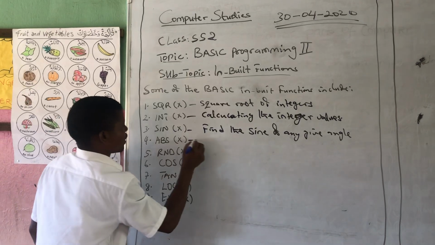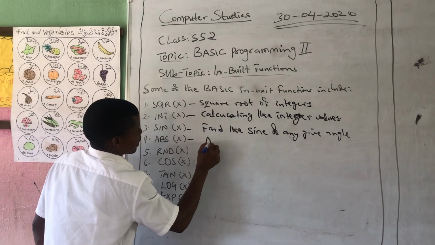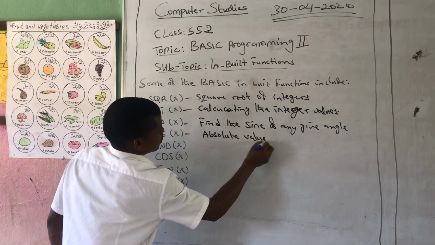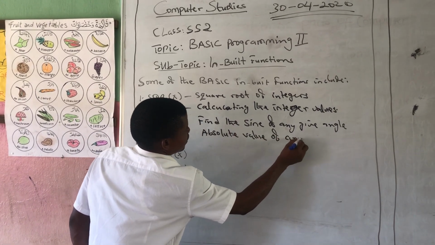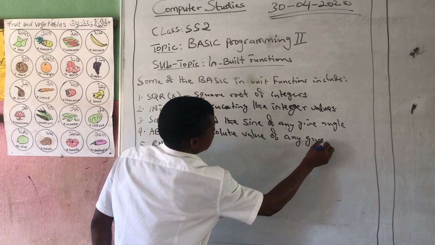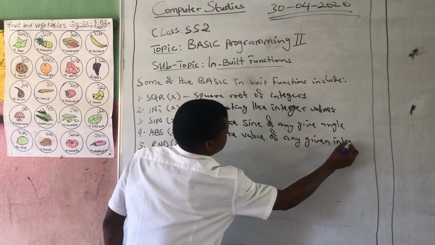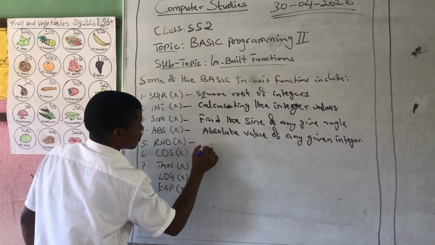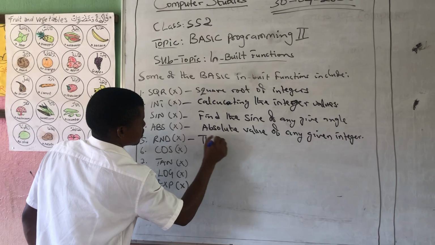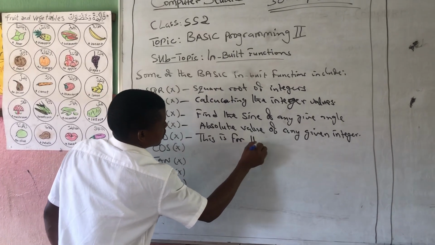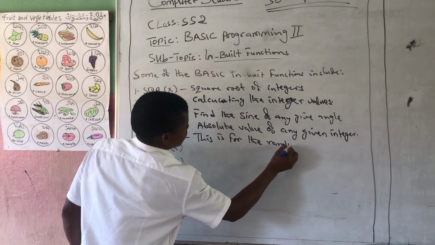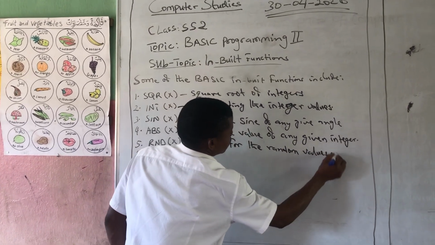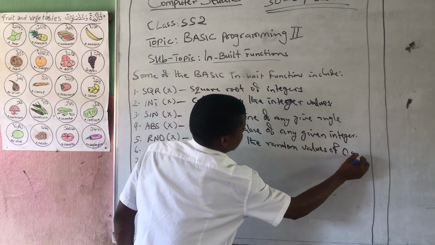This is used for finding the absolute value of any given integer. This is used for the random values of 0 and 1.